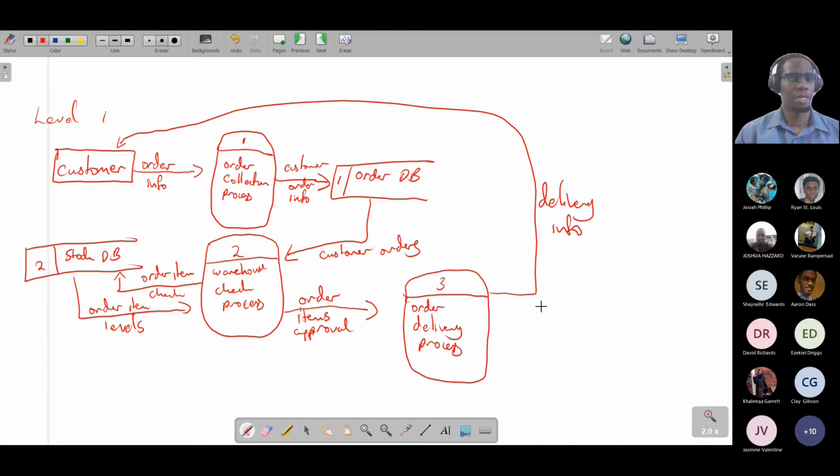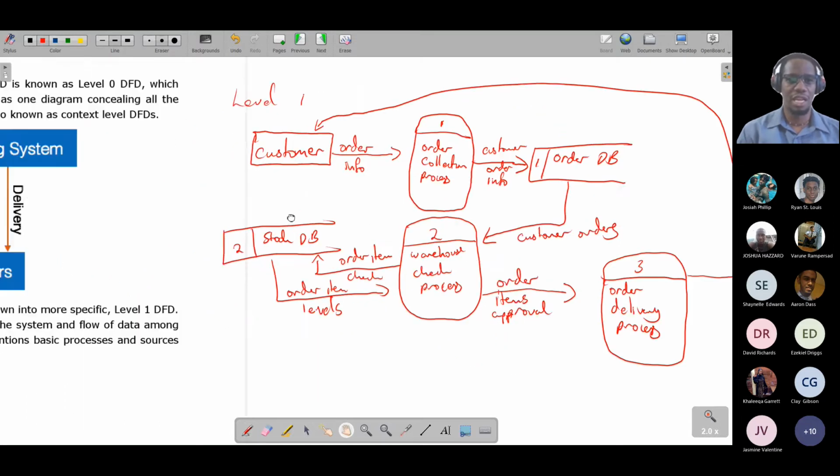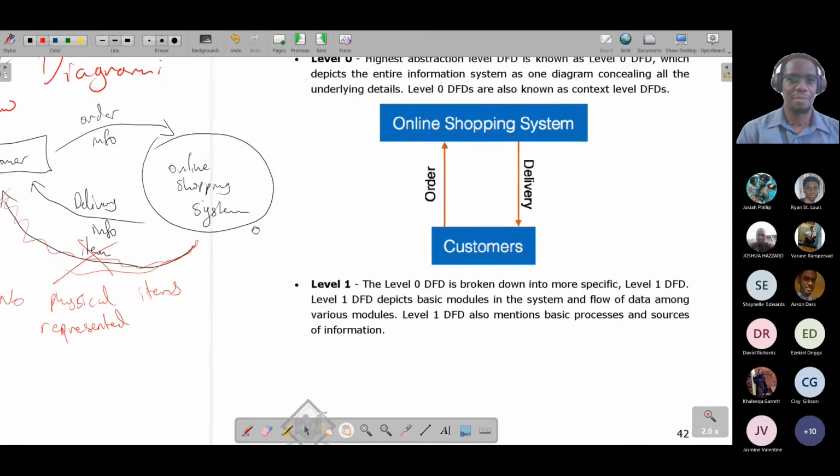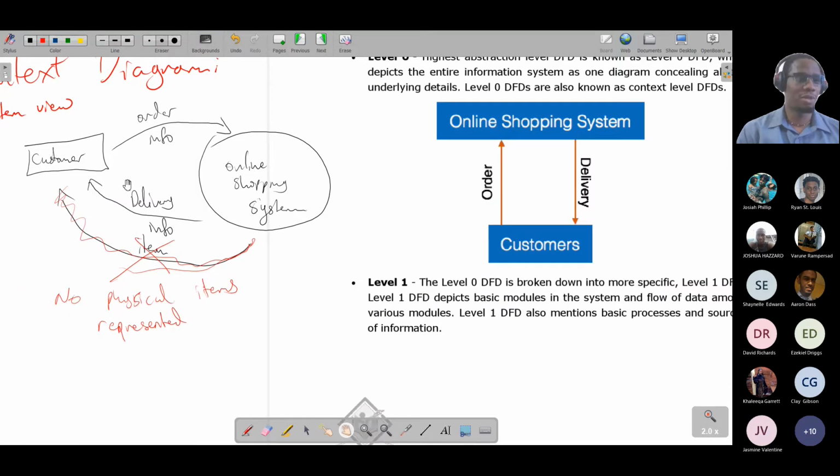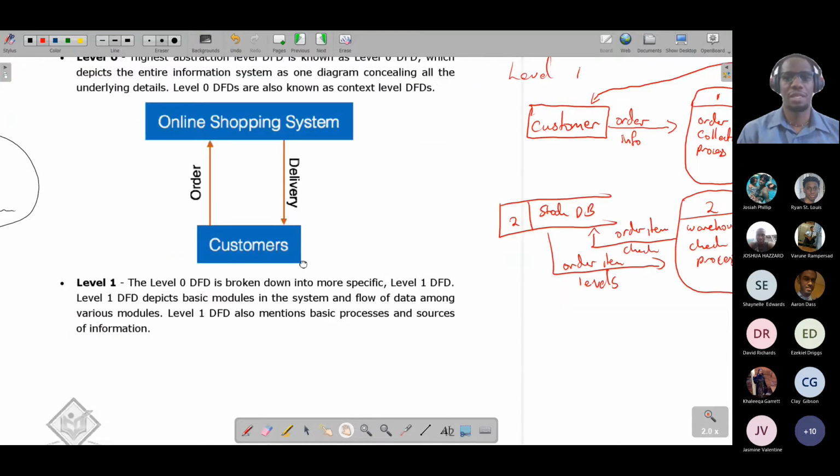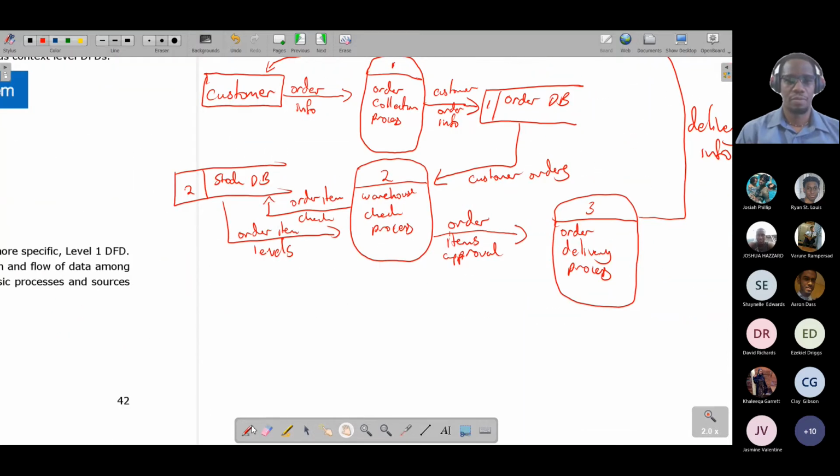But our original diagram here didn't say anything about if it didn't have it in stock. But what about if it didn't have it in stock? What would happen, right? Order items unavailability.